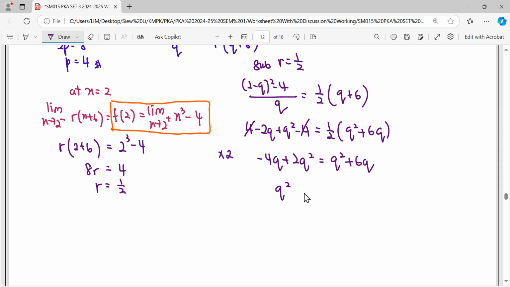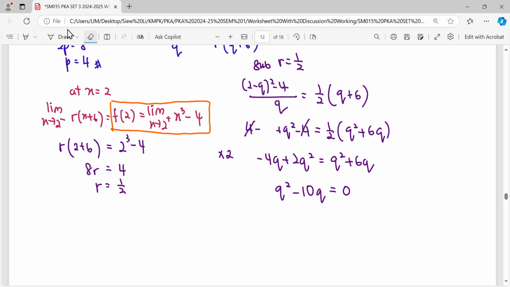Then we move this one, minus 10Q equals to 0. Is it right? This is 4Q.